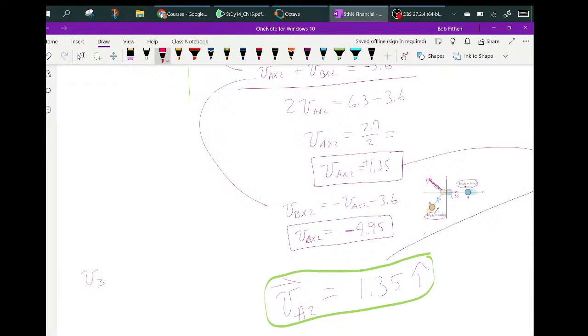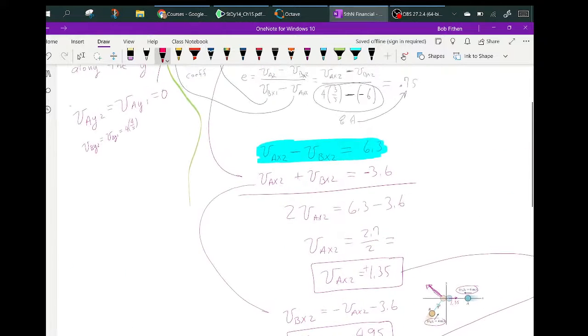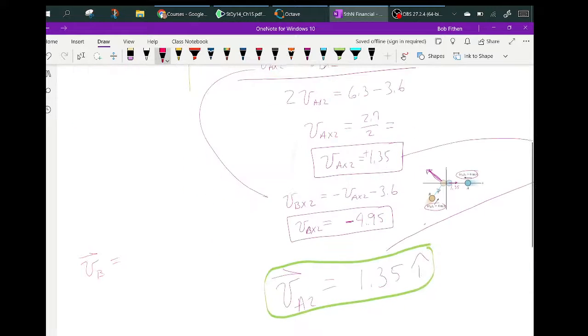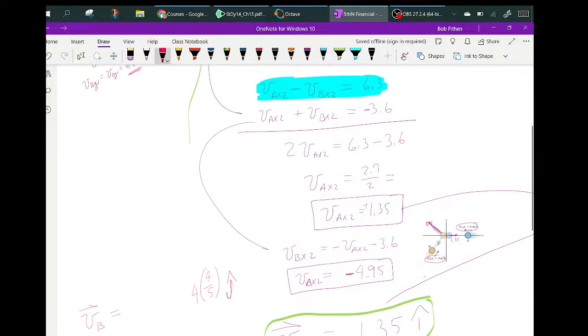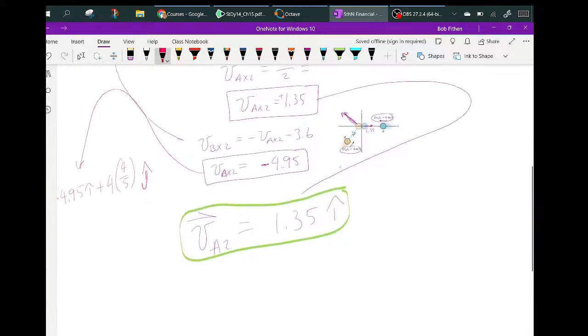Velocity of B is going to be this in the Y, and this in the X, minus 0.95 i plus, let's see.